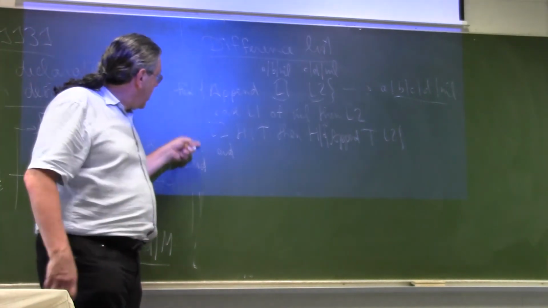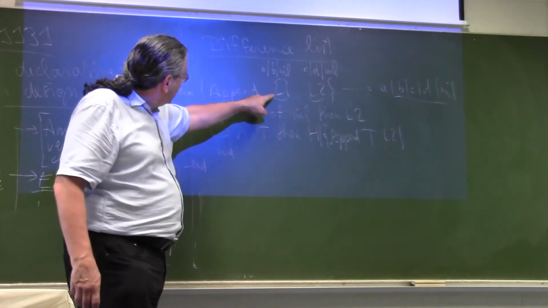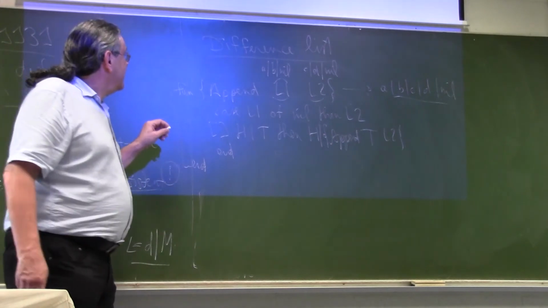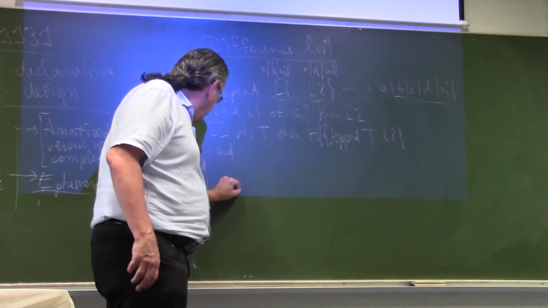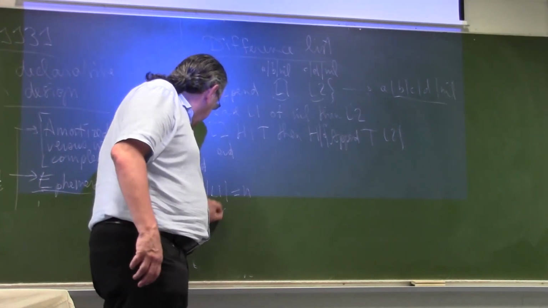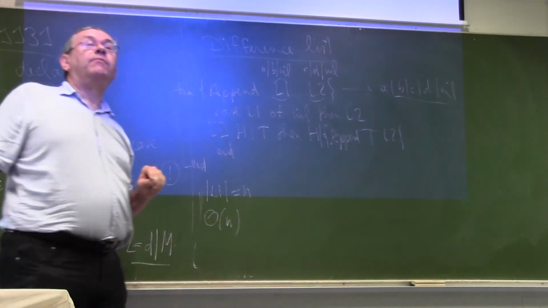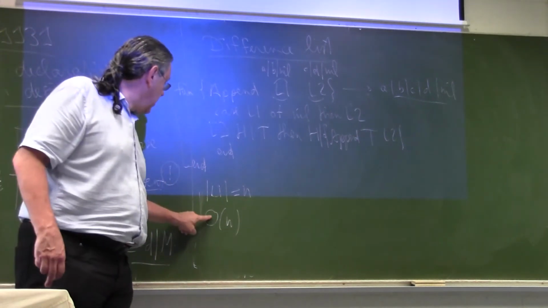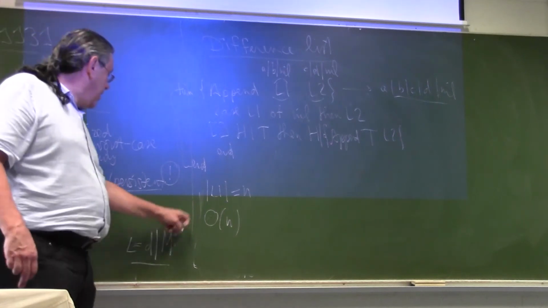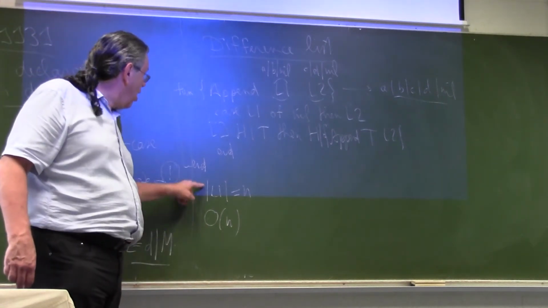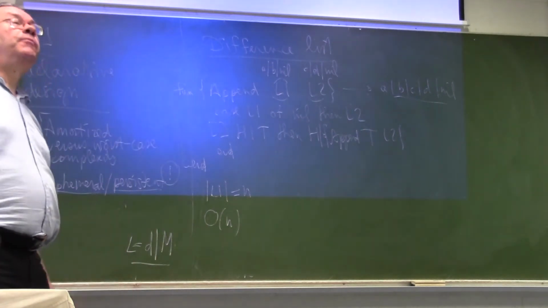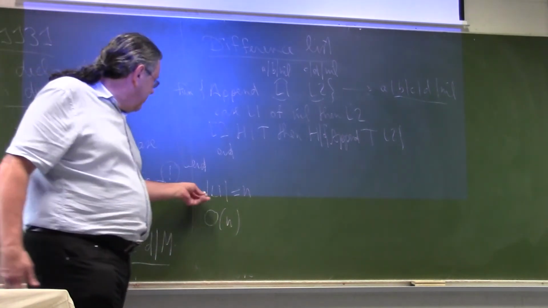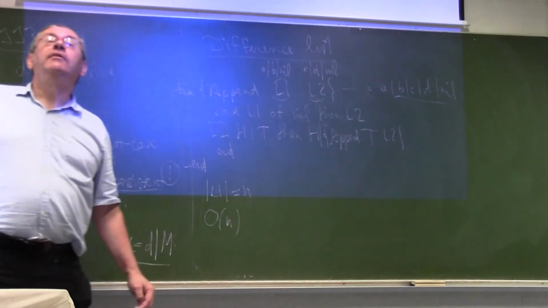The execution time is order of the length of L1. So if the length of L1 is n, then the time for this will be bounded by n. It will upper bound n here. It's actually theta n if you want to be very precise. It will always traverse L1. So that's not very efficient.